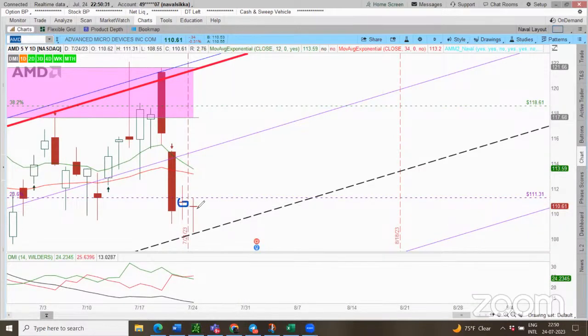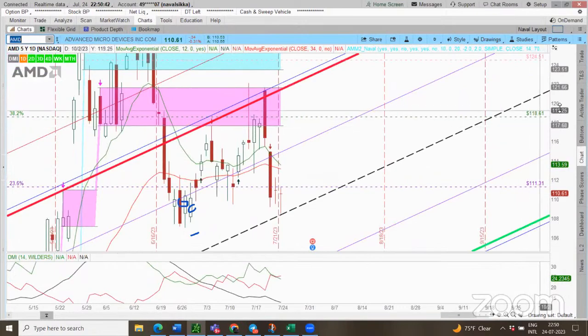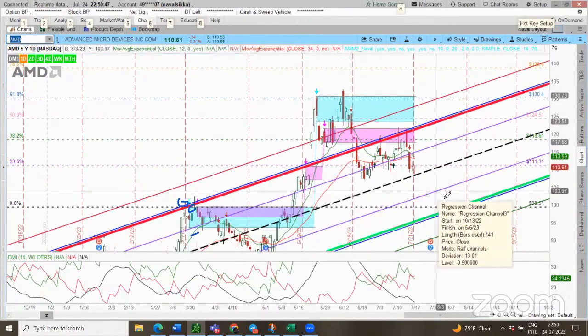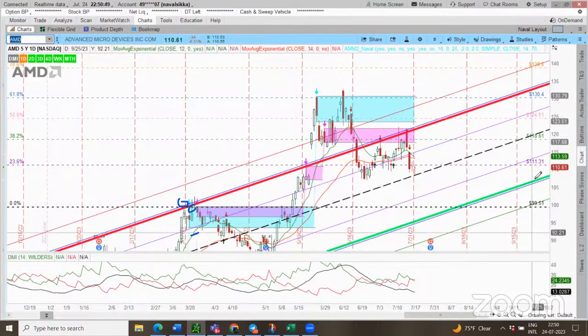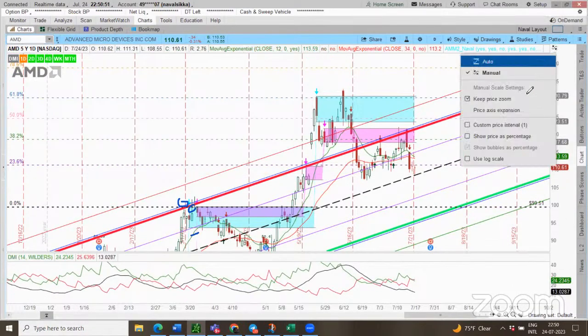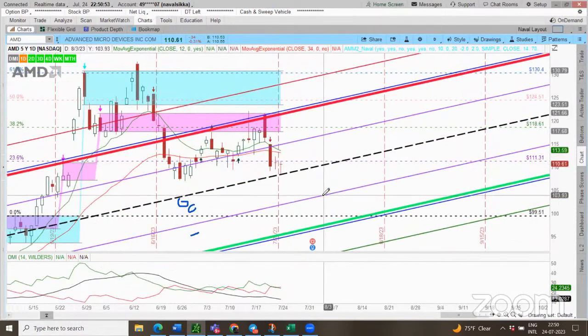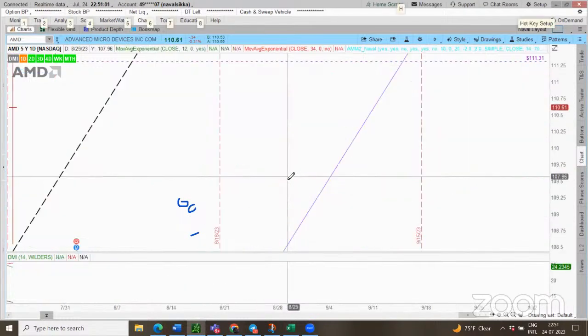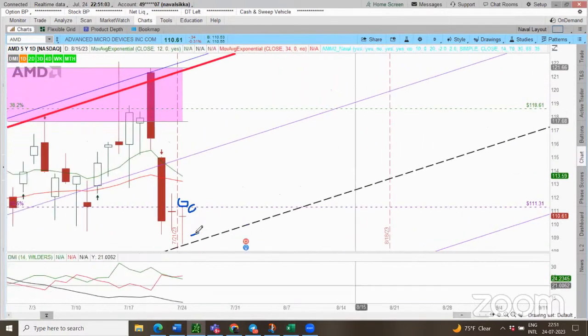We have a doji and a doji. We tested the long-term support. Now the strength is loosening, which shows it's coming to a stage where either it's getting ready to break down or it's getting ready to do a massive move up. So keep an eye on AMD. In the past, it came here, and these are gravestone dojis.